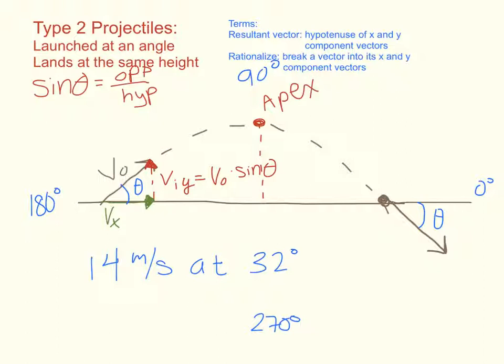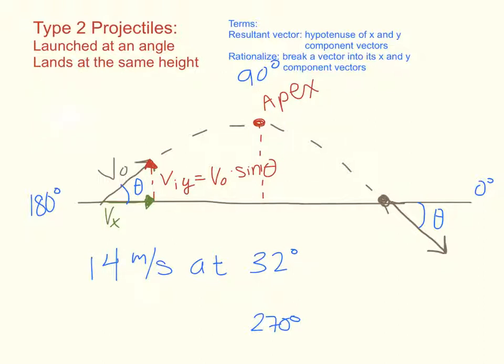So then to solve for viy, I'm going to multiply both sides by the hypotenuse. And since the hypotenuse is just v naught, sine of theta times v naught is equal to viy. So that's where that piece is coming from.